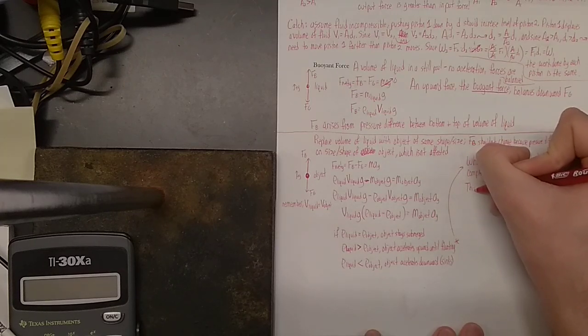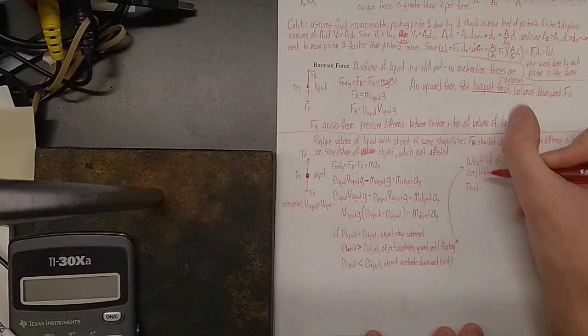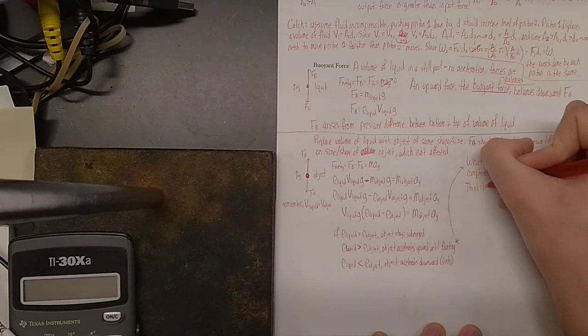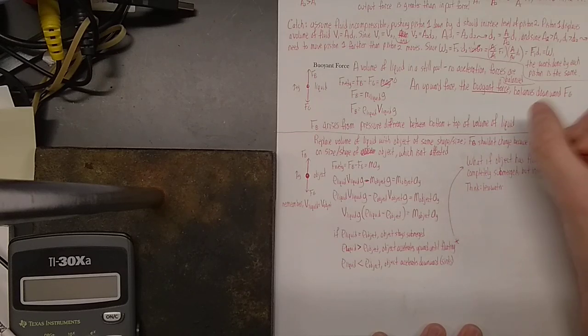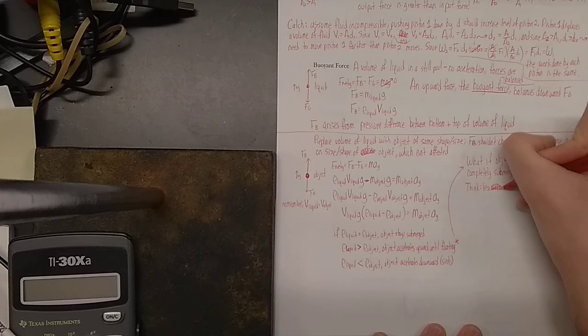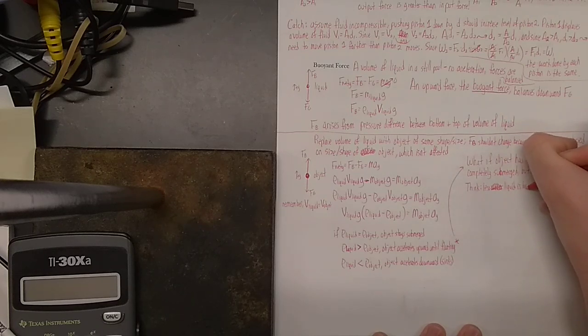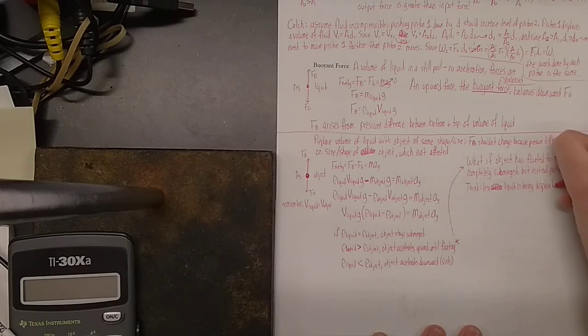So, a couple things to realize. Less fluid, less liquid, is being displaced, which is interesting. Before, when the object was completely submerged, it was displacing an amount of water equal to its entire volume. If it's floating, only partially submerged, then not as much water is being displaced.